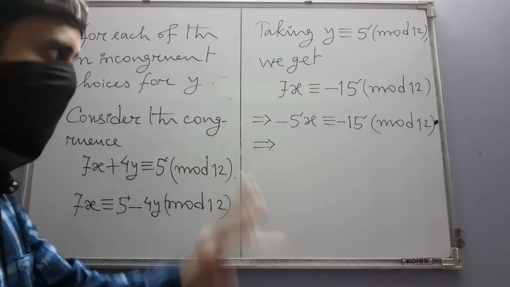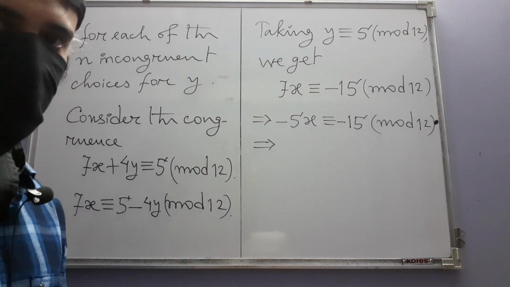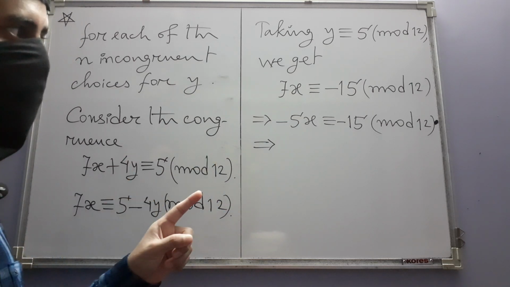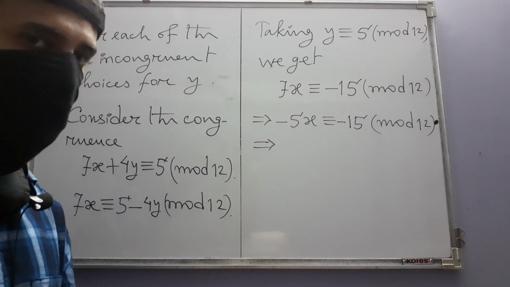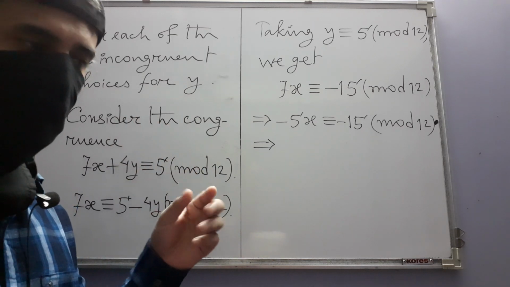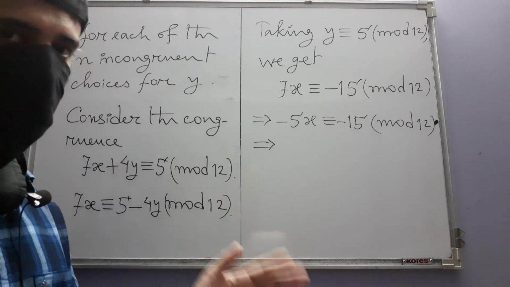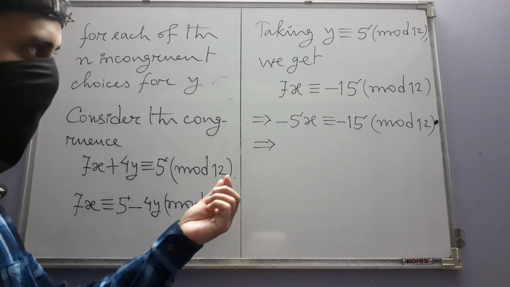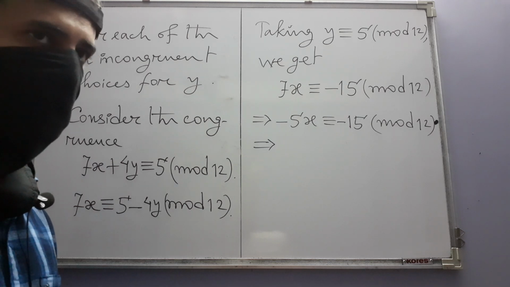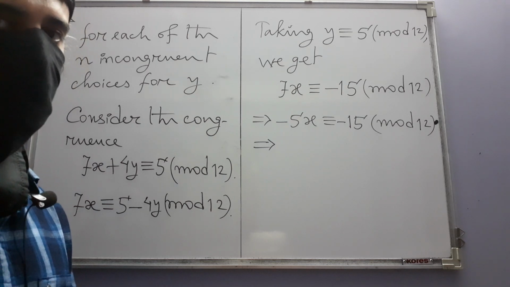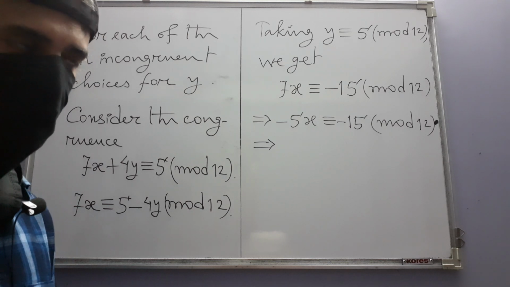Now we can cancel minus 5 from both sides. Why? Because minus 5 is relatively prime to 12. So you can invoke one of the laws by using which we can cancel an integer from both sides of a congruence, provided the integer is relatively prime to the modulus.